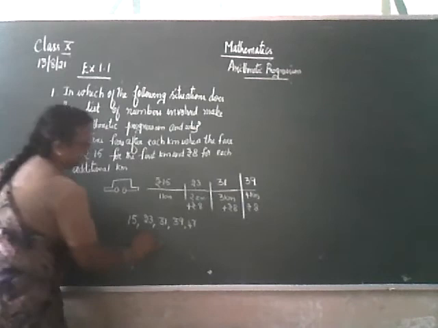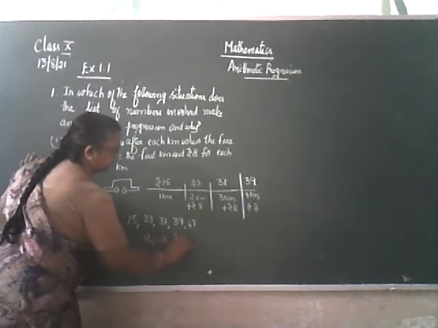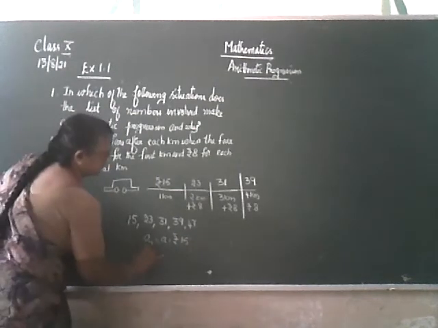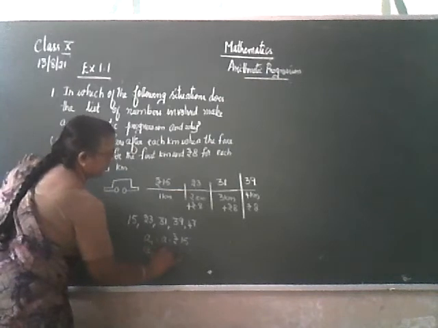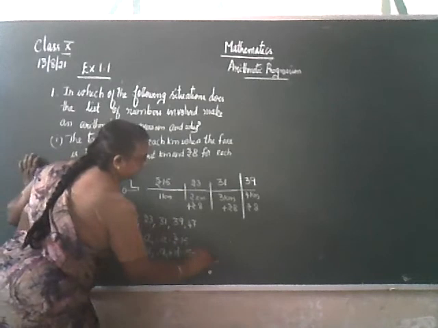So, the first time the fare is rupees 15. The second time the fare is A1 plus the difference, that is 15 plus 8, 23.